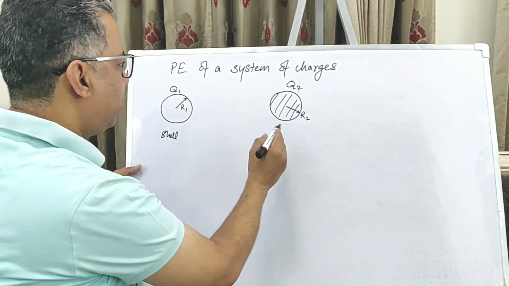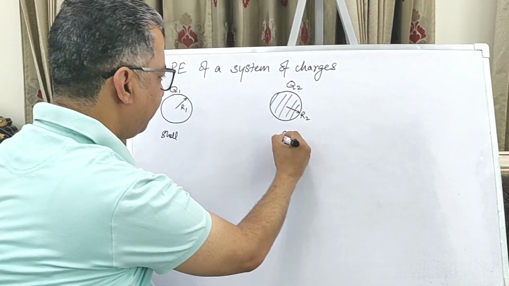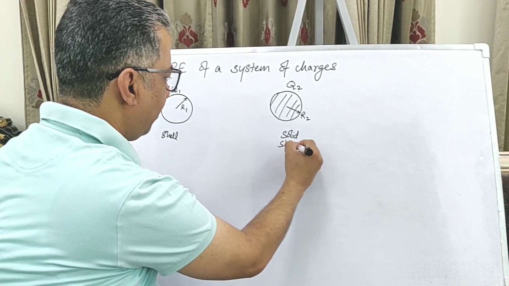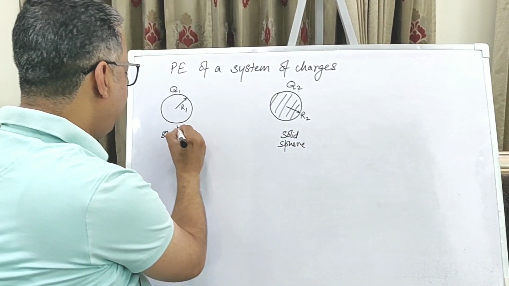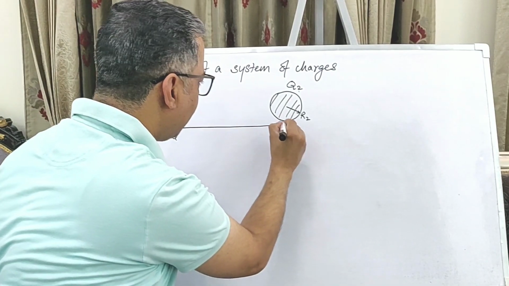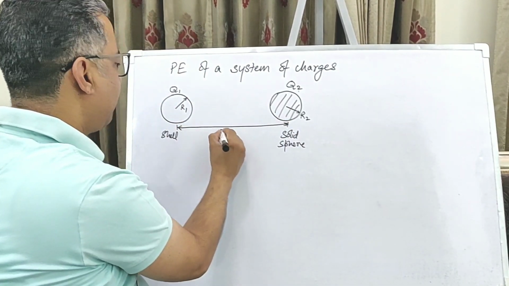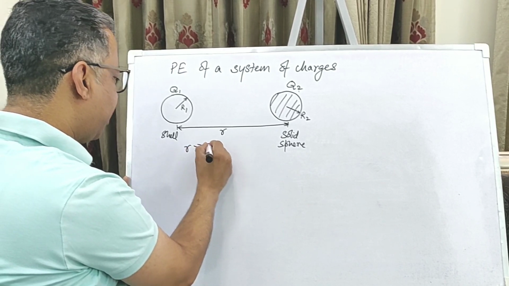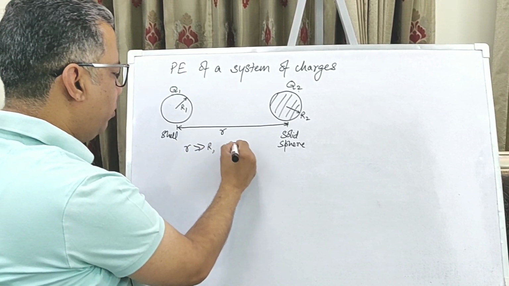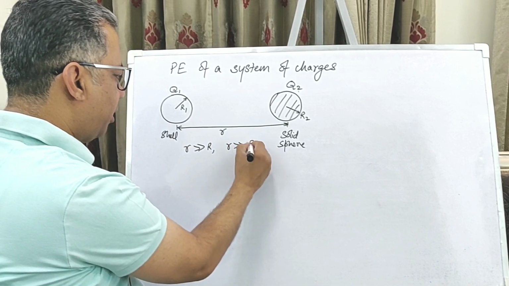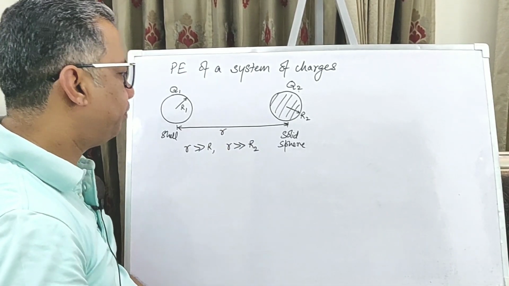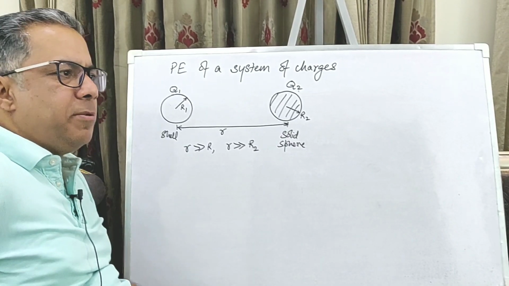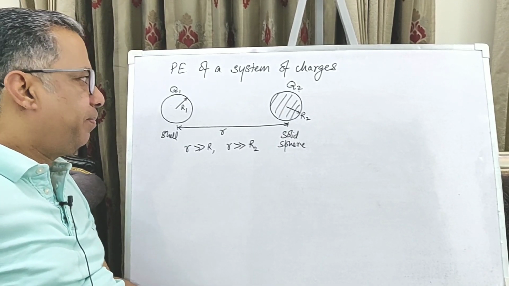The distance between their centers is small r, and we are told that small r is much larger than R1 and also much larger than R2.